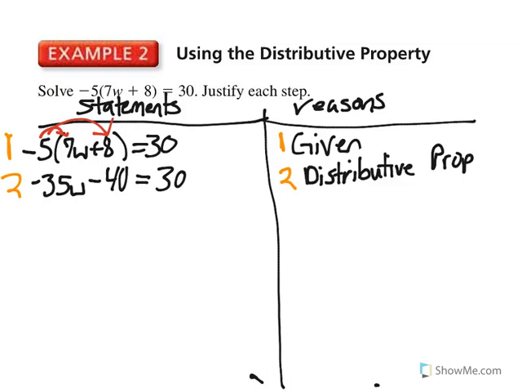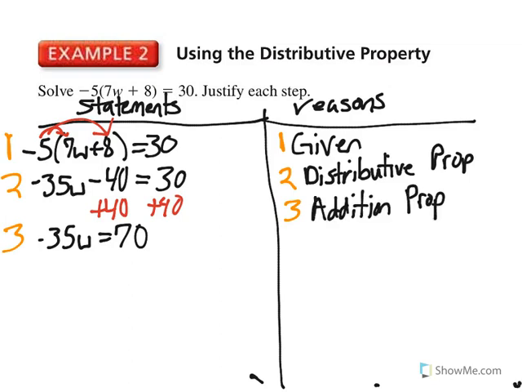Now I keep solving. So I'm going to try to get my like terms together. I already have all my W's together, but I need to get my numbers. So I need to add 40 to both sides to get my new statement of negative 35 W is equal to 70. This would be my third statement. And so my third reason to get to that step, I had to add, so that would be addition property.